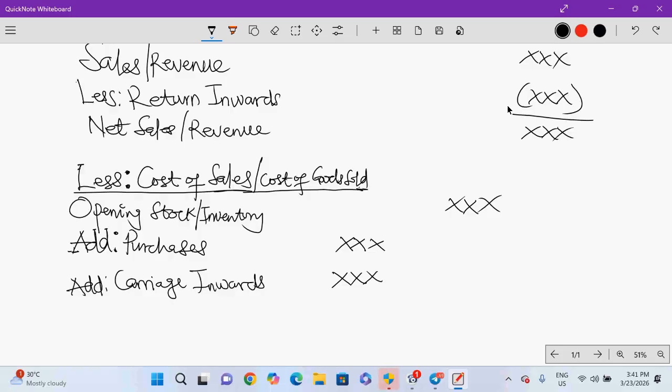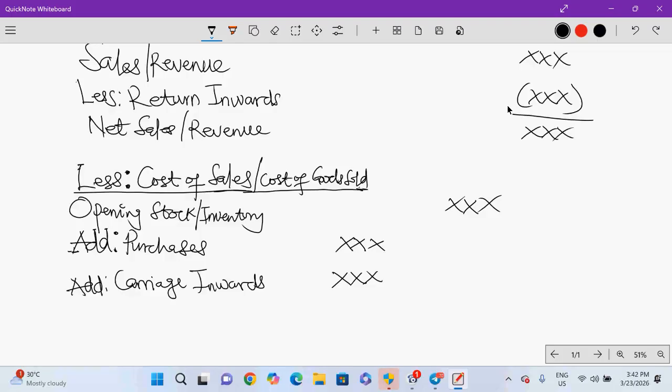So it is not compulsory to incur carriage inwards. So if you see a question and there is no carriage inwards, you proceed. It could mean that in the question, that particular entity had free delivery, right? So there is no need to incur any carriage inwards cost. So it is not compulsory.